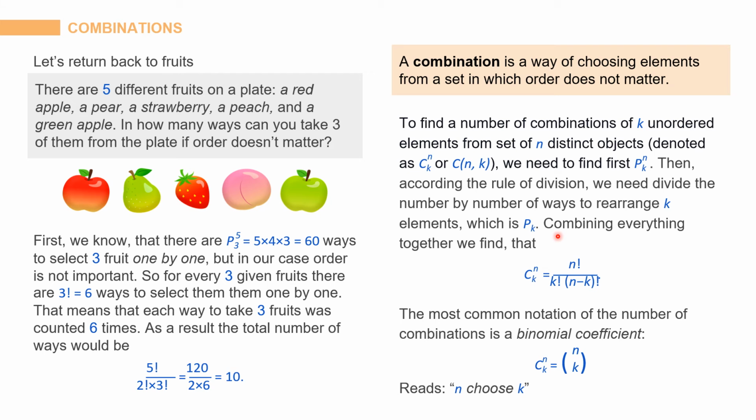So combining everything together, we find that C of n k is equal to n factorial, the total number of permutations of n, divided by k factorial, also divided by n minus k factorial. The most common notation of the number of combinations is the binomial coefficient, written as parentheses n on top and k on the bottom, which reads n choose k. You'll see when we talk about multiplying the binomial a plus b to the n power why this is called the binomial coefficient.